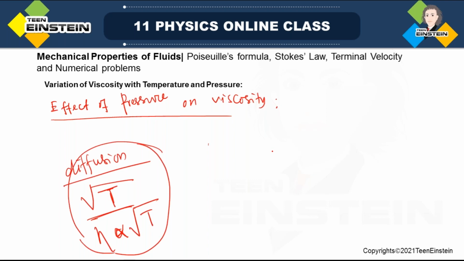For a liquid, viscosity will increase upon increasing pressure. As you know, you will have greater intermolecular forces. In case of water, viscosity decreases with increasing pressure, only in case of water, up to a certain pressure.